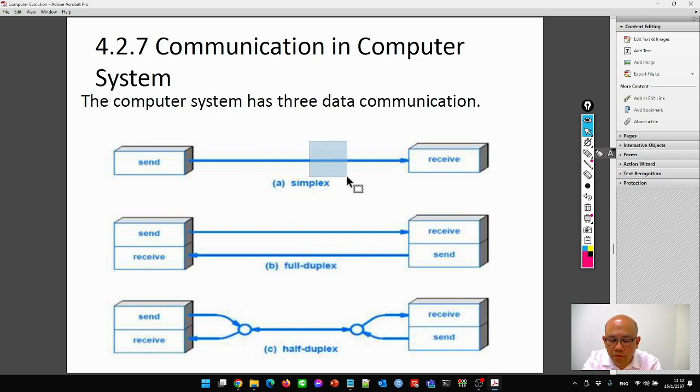Here this has only one channel. Here this has two channels. The half duplex is like bidirectional, send and receive, but not at the same time, because it has only one channel and a mechanism to switch between send and receive. We call this multiplexers, to switch between sender and receiver used on the same line.